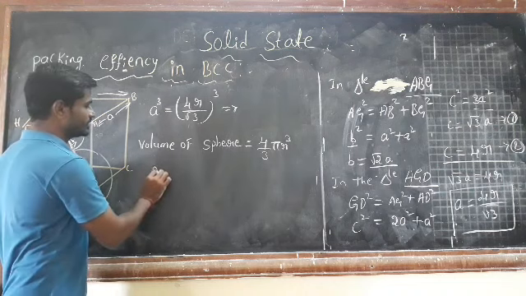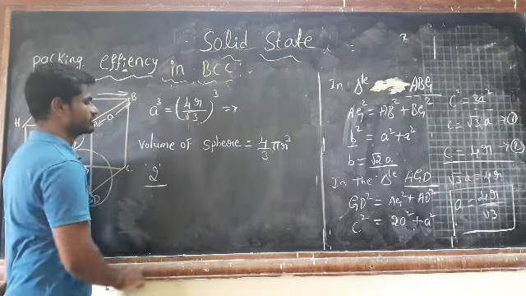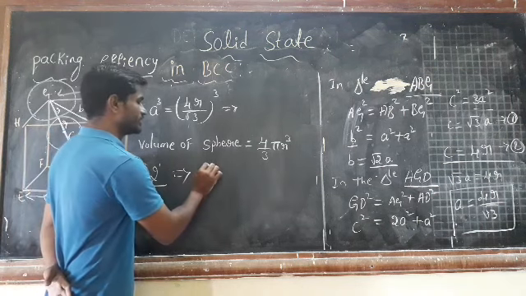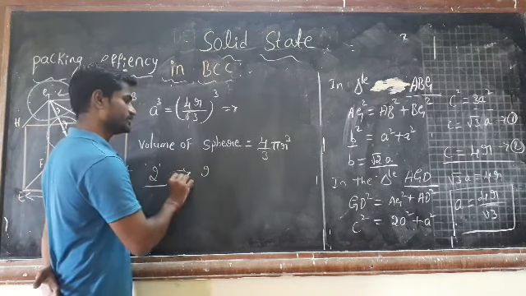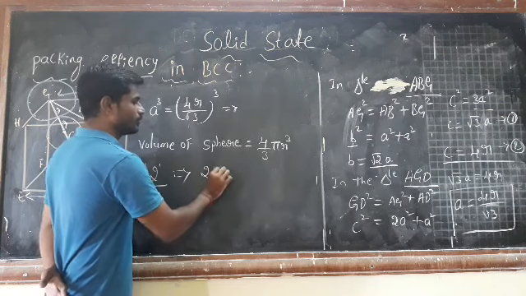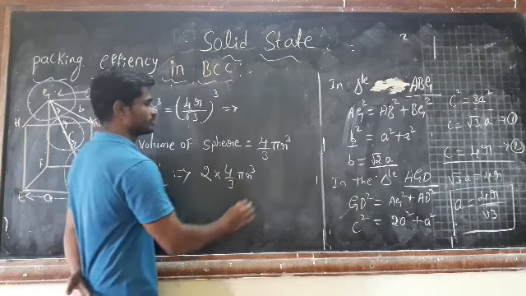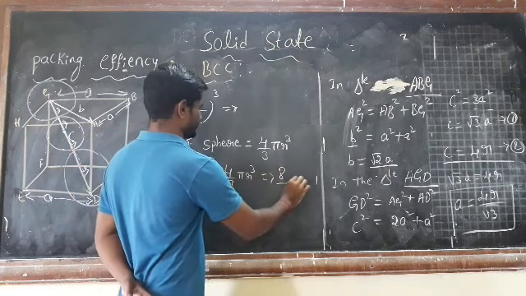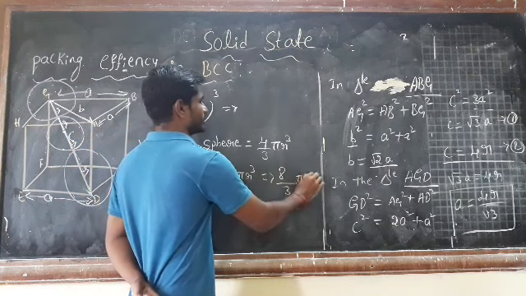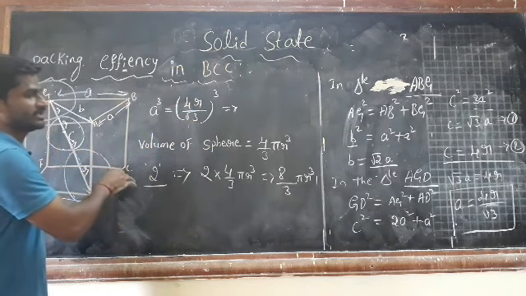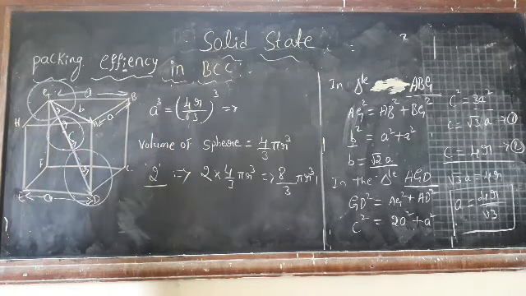In the BCC we have 2 particles. So the total volume of the spheres in the BCC is 2 into 4 by 3 pi r cube, that is 8 by 3 pi r cube. This gives the volume of the spheres in the BCC.